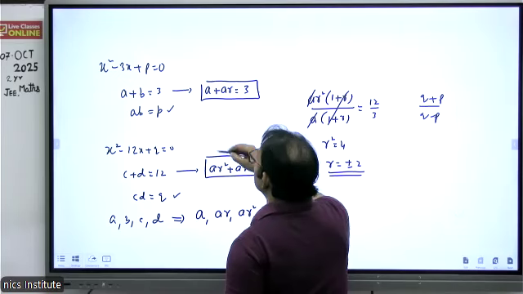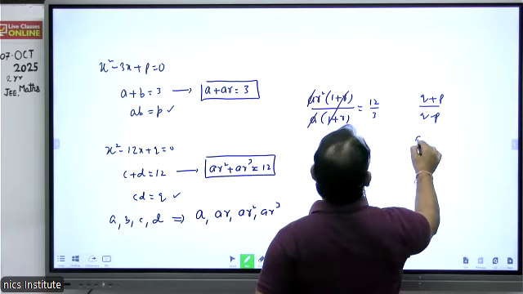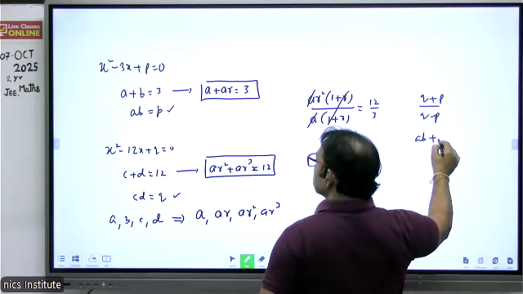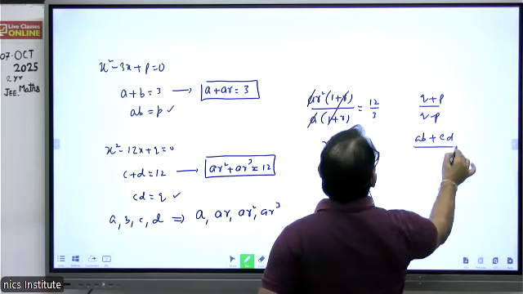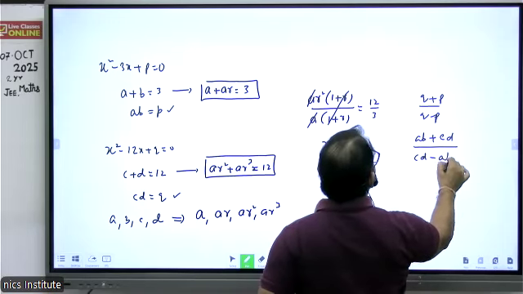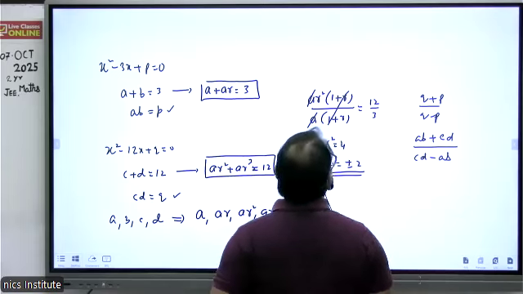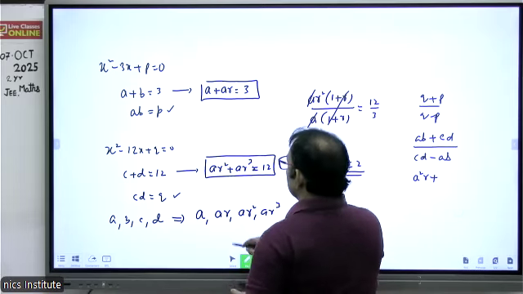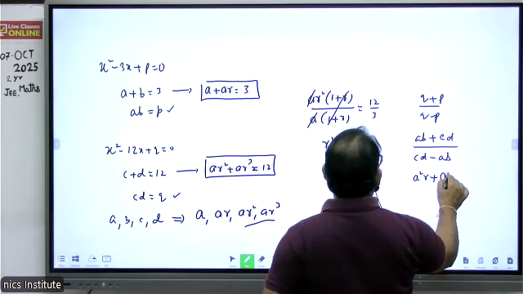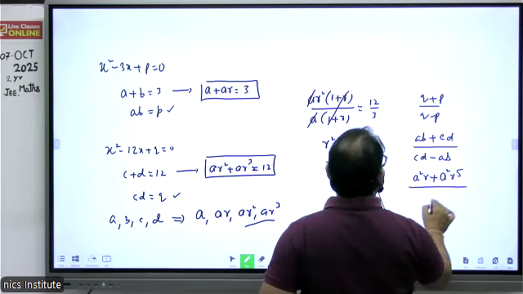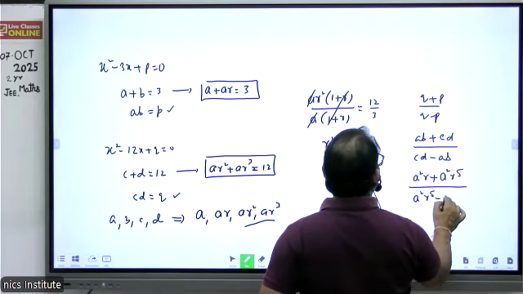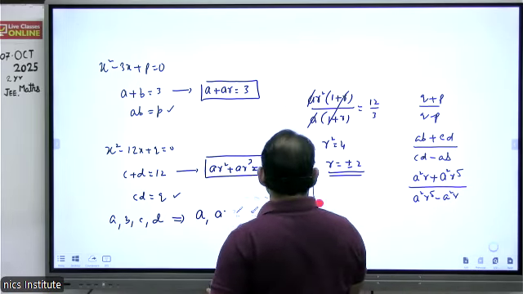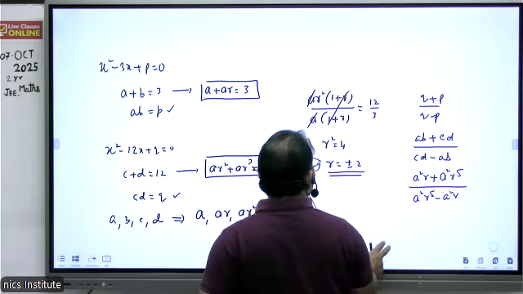So p is ab, which is a square r, and q is cd, which would be a square r to the power 5. So a square r^5 plus a square r over a square r^5 minus a square r. Now you can take common and substitute values, and you get the answer. Got it, right?